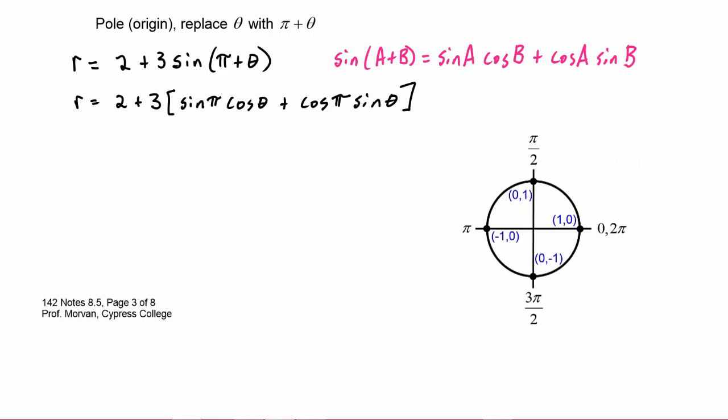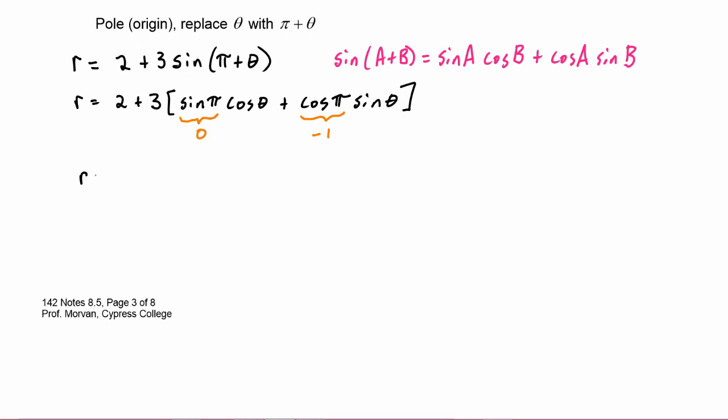Substituting in the trig values that we know, sine of pi is 0, cosine of pi is -1. This equation becomes r equals 2 plus 3 times the quantity 0 minus sine theta.